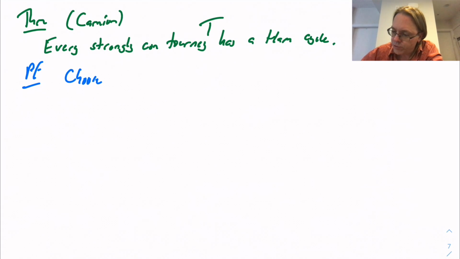So let's choose a directed cycle C, so that the vertex set of C has maximum size.